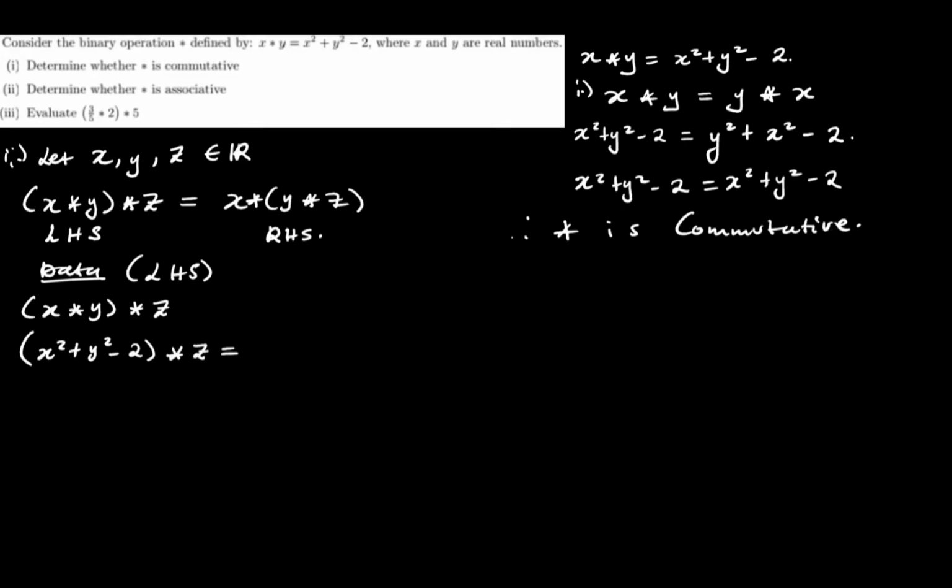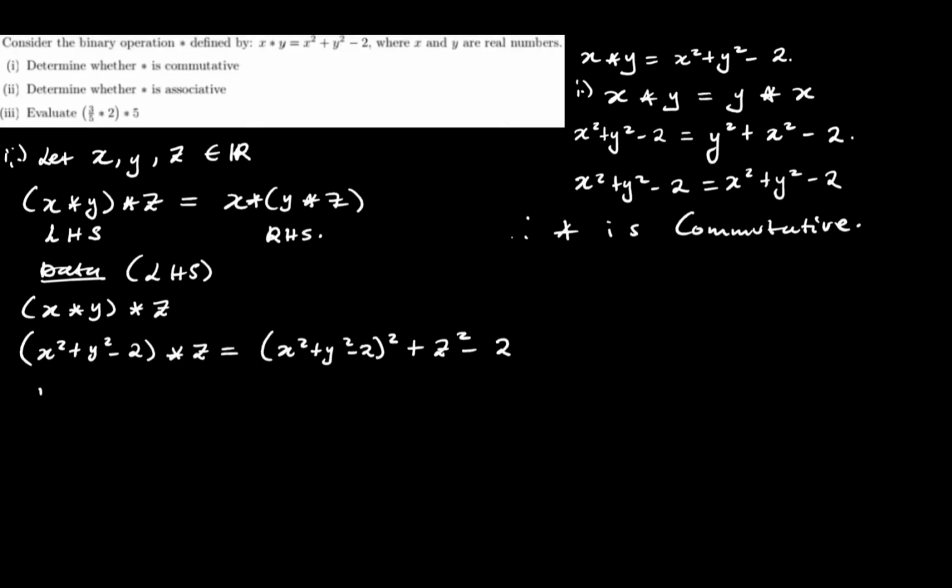If I operate this on z, I will have x squared plus y squared minus 2, all squared, plus z squared minus 2. And this is what I will end up getting for my left hand side. I don't necessarily have to follow it out.